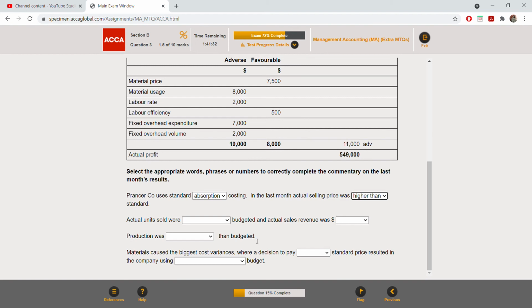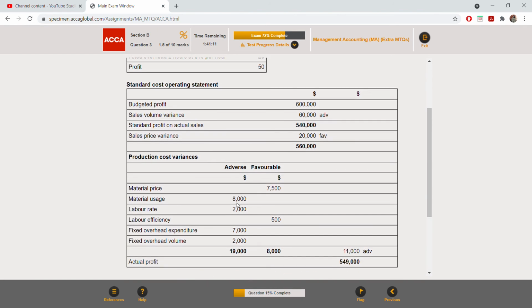Next, actual units sold were dash budgeted and actual sales revenue was dash. Okay, so first you have to know the number, and also you have to know more or less than. So actual units sold were, what is actual units sold?